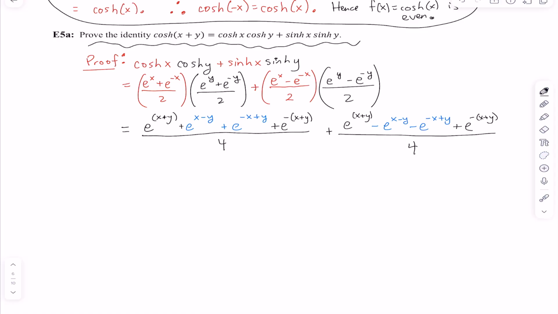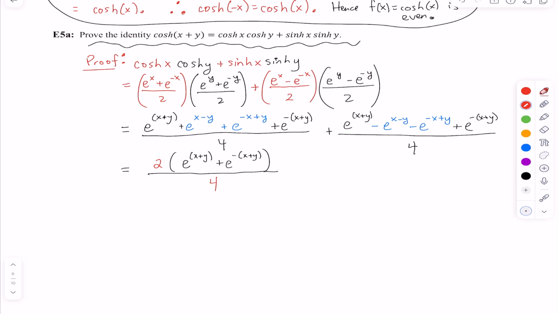Now the rest of these terms do add up. They add up to 2 of the numerators, and the numerators look like this, all divided by 4.